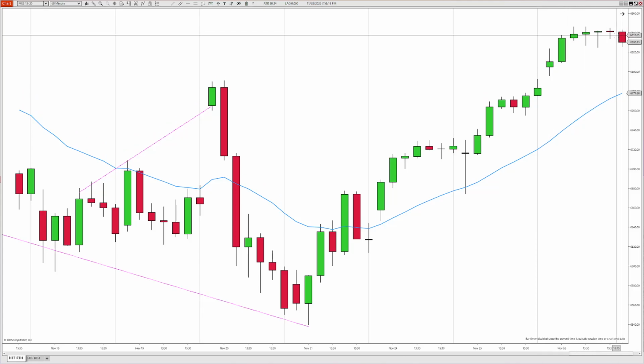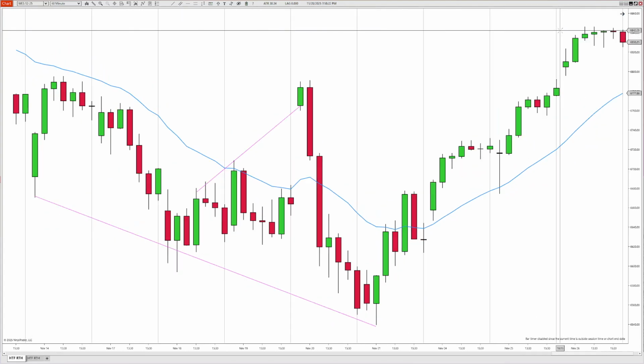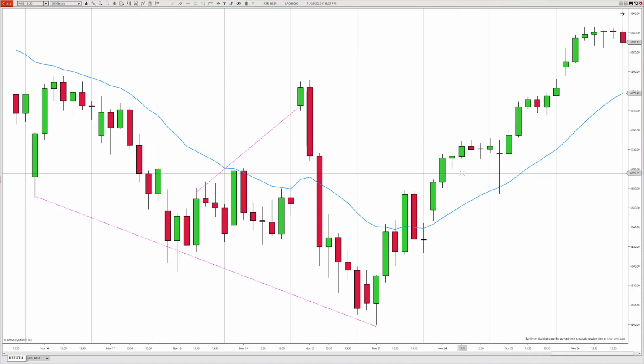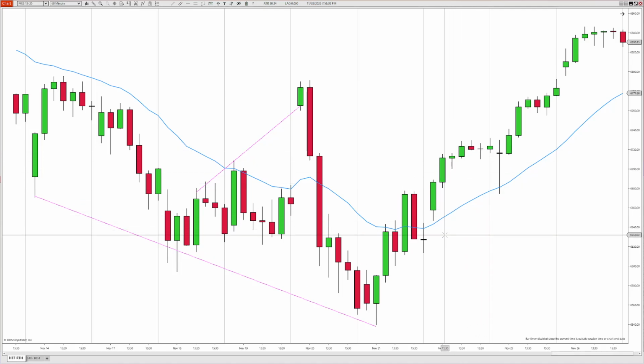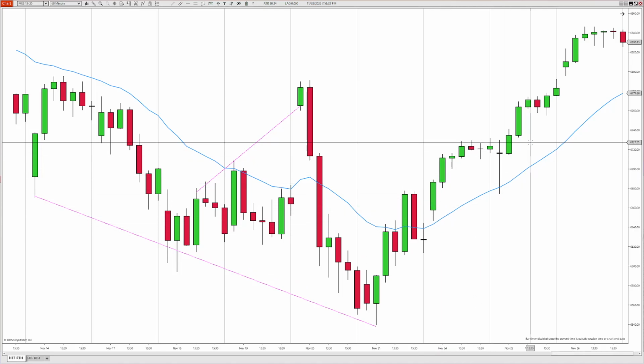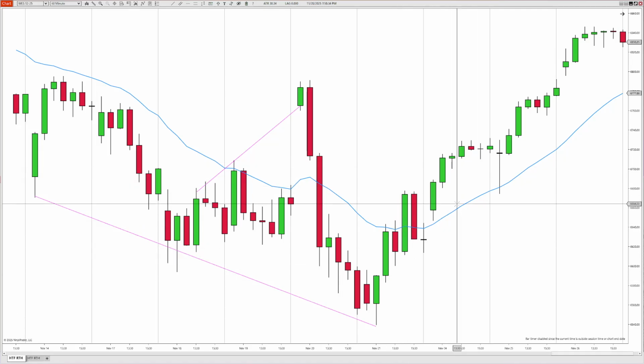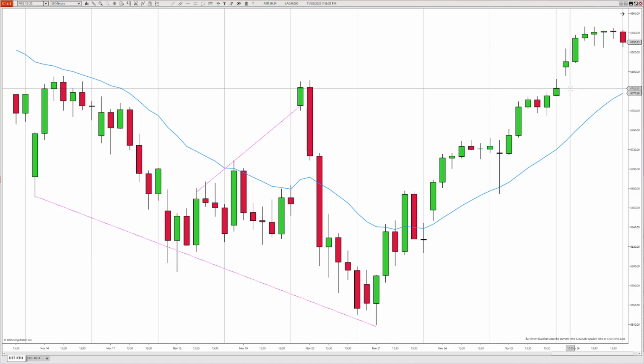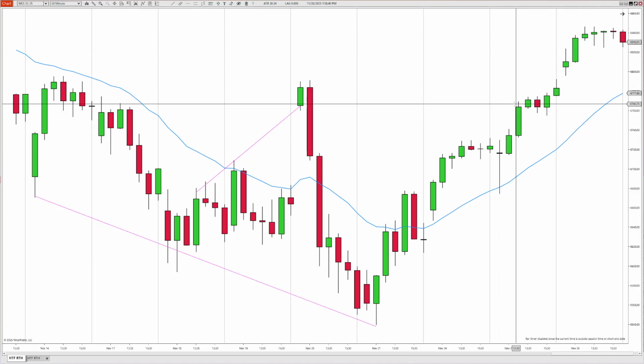This makes sense that we didn't go too far up, just purely based on the fact that we have a pullback over here. Whenever we break out, we've gone sideways. There's a lot more buying over here because we're close to the average price. But the further away we go from where the move started, the further away we go from the moving average, the more the momentum is dropping.